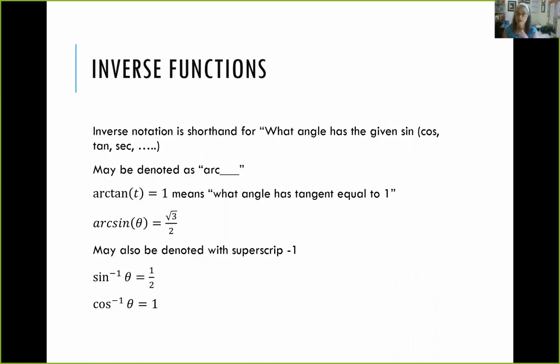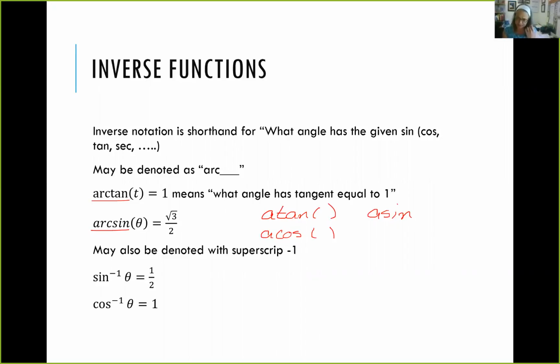So we write inverse functions either as arc functions, or sometimes you'll see this just as a tan, or a cos, or a sine. This is just shorthand for arc. Arc just means inverse.